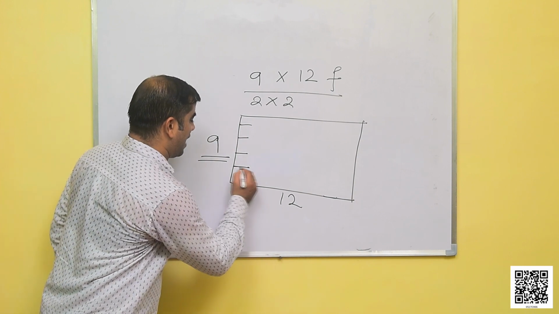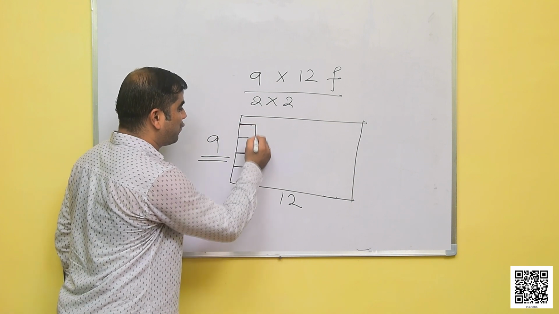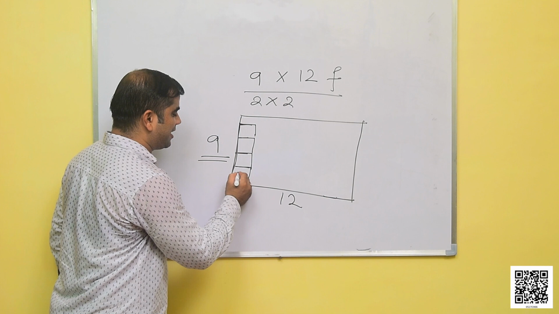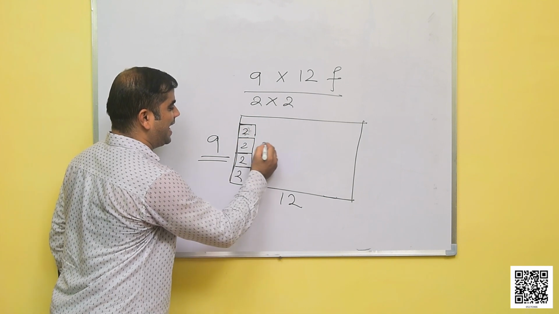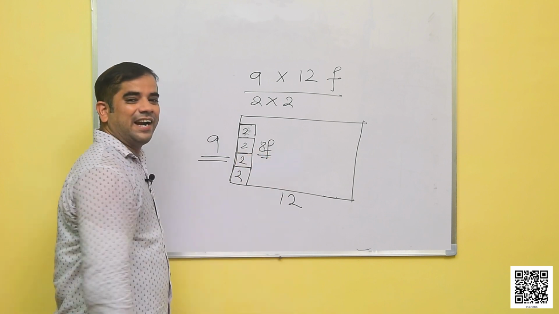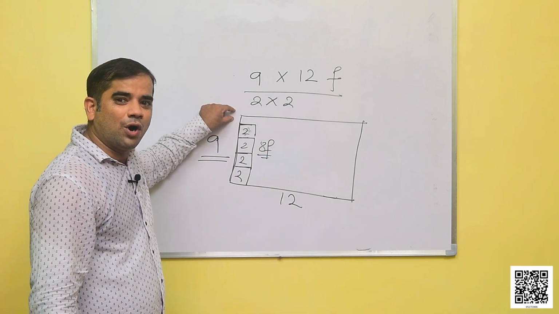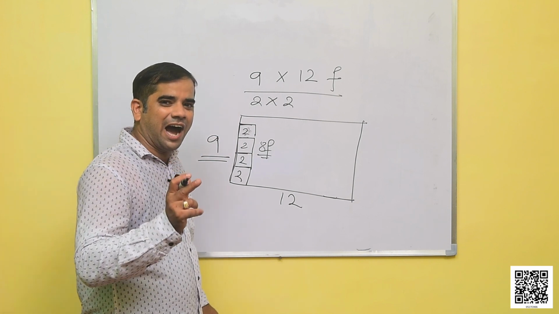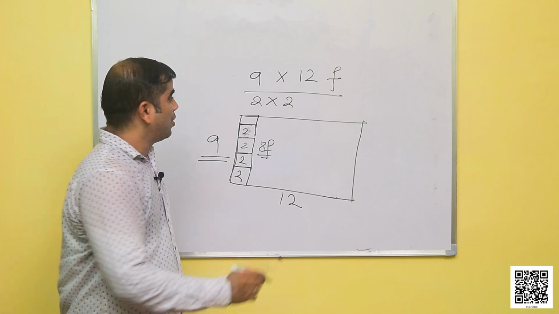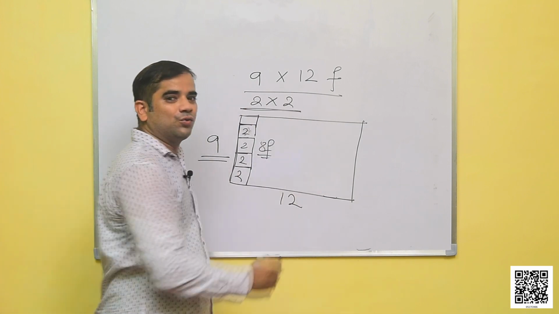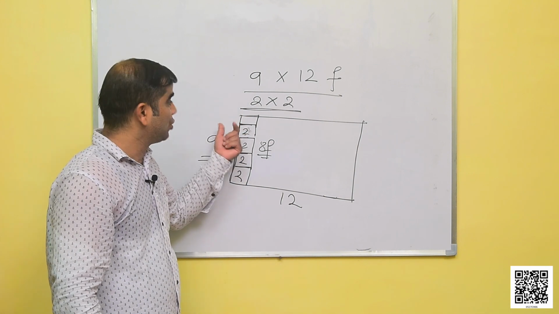So, if I lay the first tile, second tile, third tile and fourth tile, this will acquire 8 feet of height. Still 1 foot is remaining. So, I have to cut a tile in half to fill this 1 foot. So, I cannot go for 2 into 2 feet dimension because I have to cut it to fill the gap.